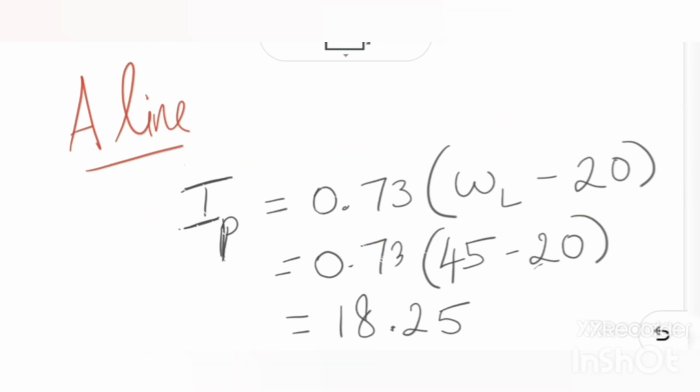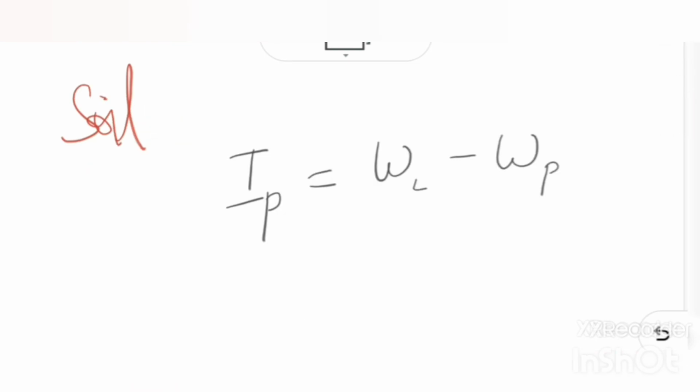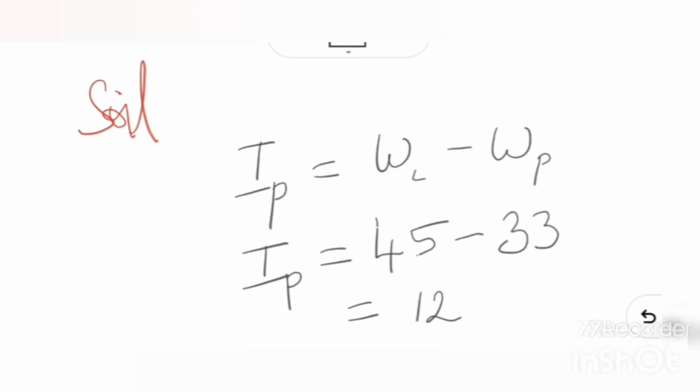So if we substitute our liquid limit in this IP equation, we will get it as 18.25. To find our soil IP, we will use IP equals WL minus WP. So liquid limit minus our plastic limit will give our soil IP.